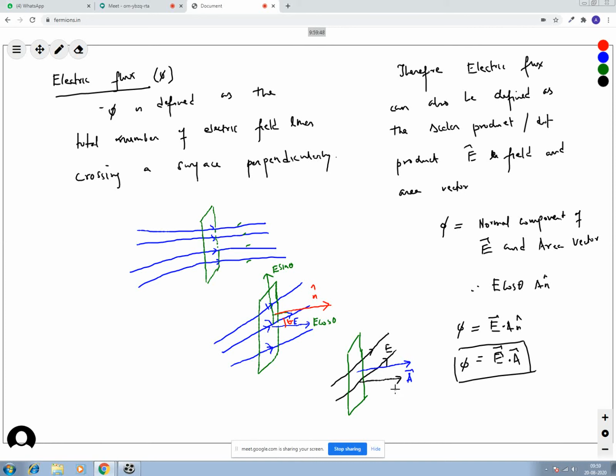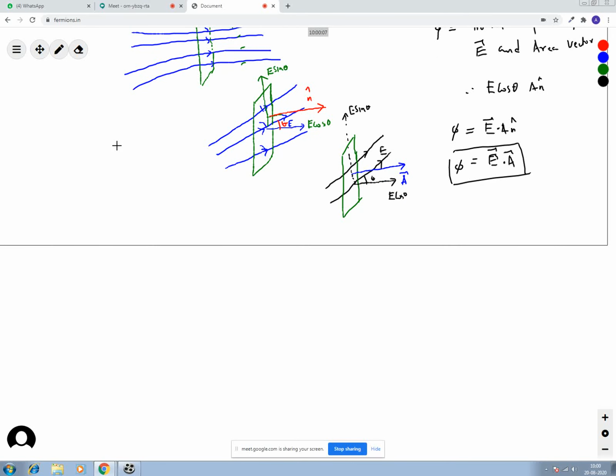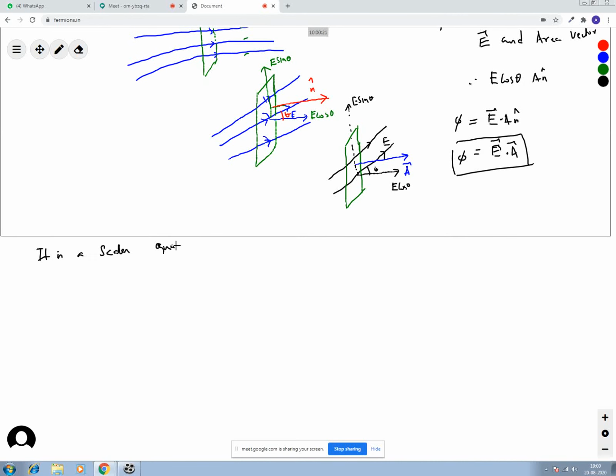You have to break the electric field along this direction. So this is the E vector, this must be E cos theta, and the upper one, with this theta, must be E sin theta. Sin theta is no use, I am only interested in the E cos theta component. So this is electric flux.